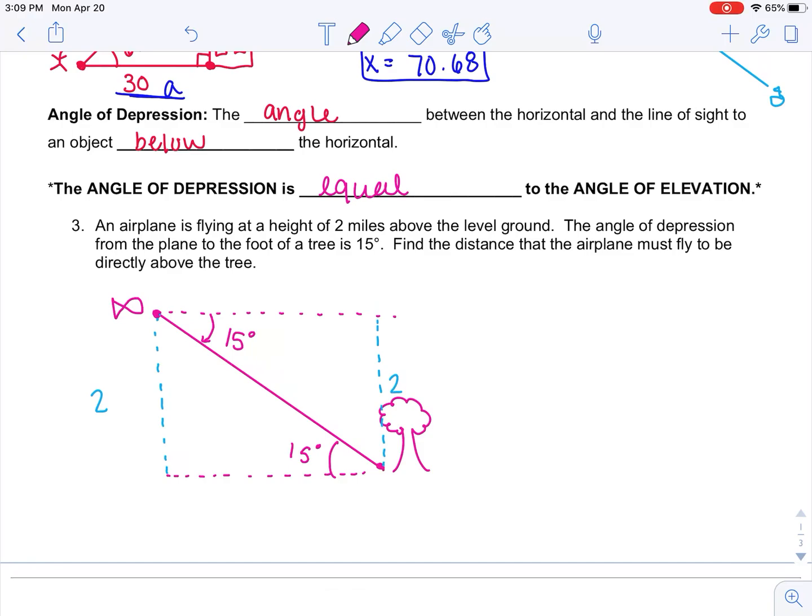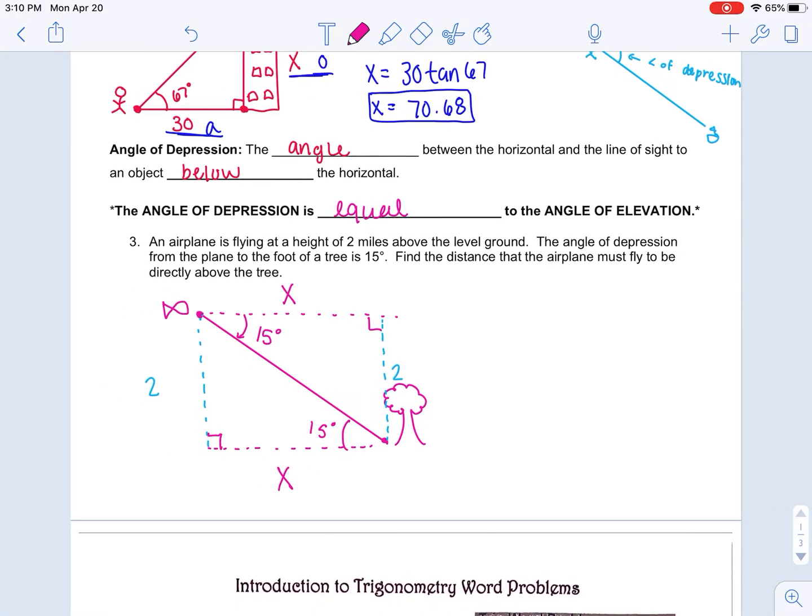And so we want to know the distance the airplane must fly to be directly above the tree. So this is the distance we're looking for. If we use the bottom triangle, this is the distance we're looking for. So that's 2 different triangles that we could use that would give us the same thing. They're just turned a little differently. The one that I think is the easiest to see, the one that I would use, is the one that looks like this, but it doesn't really matter.